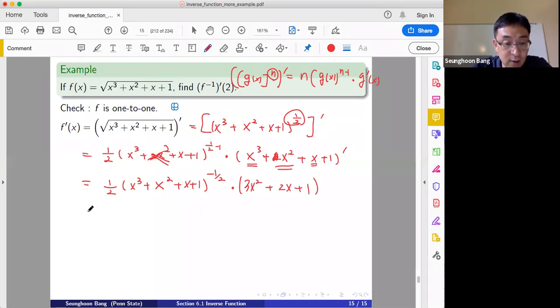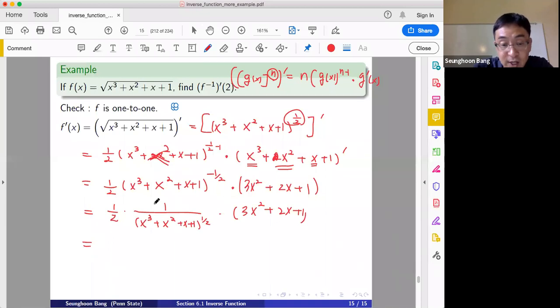So we have it. So 1 over 2 times 1 over x cubed plus x squared plus x plus 1 to the power 1/2, times 3x squared plus 2x plus 1.